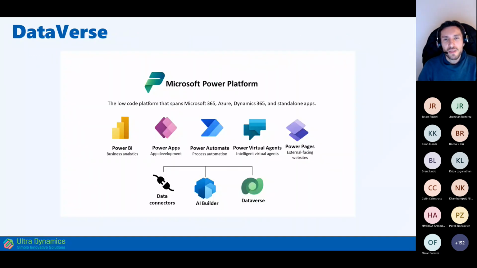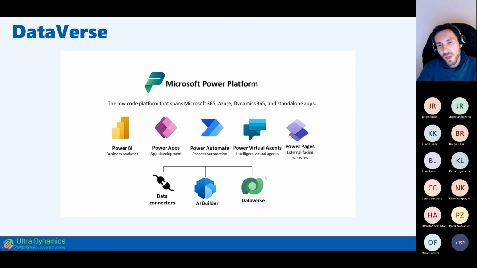Okay, so Dataverse. As you can see, Dataverse is quite important. It sits as one of the core components of the Power Platform that is core to a lot of the other technologies that we have, like Power Pages, Power Automate, Power Apps, and most of the data. I mean, you can obviously use data from lots of other different sources, such as SharePoint and other data sources that you may have.